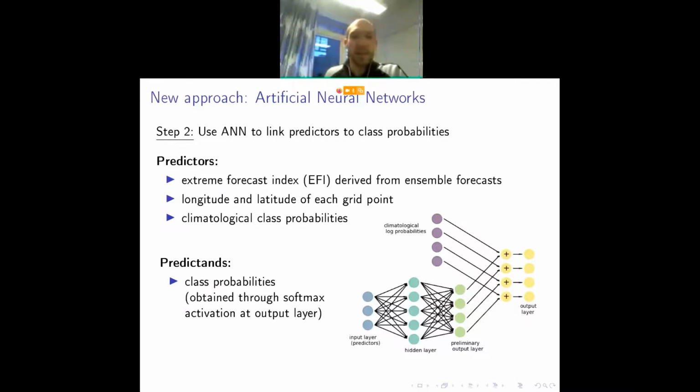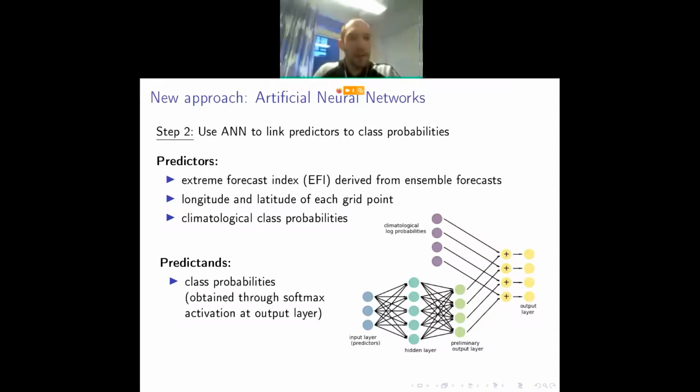We thought that's a nice way, because the extreme forecast index puts things in a climatological context. So independent of the location where it's forecasted, it tells us whether precipitation is low compared to the model climatology in this case, or large compared to model climatology.